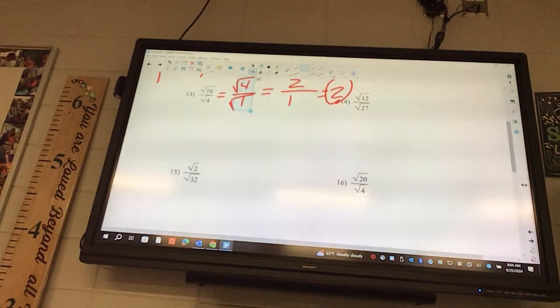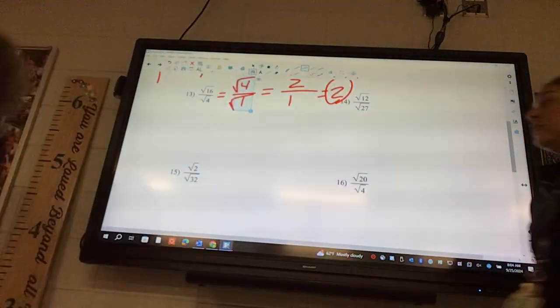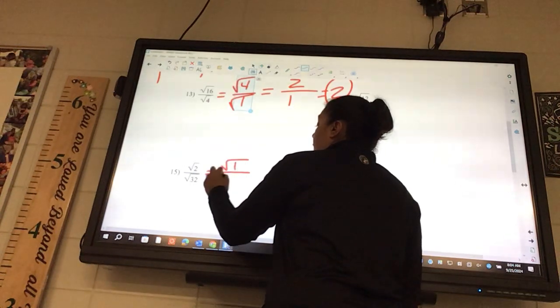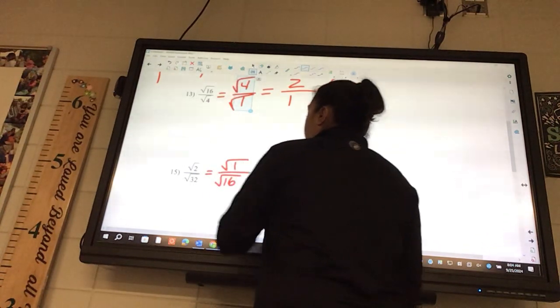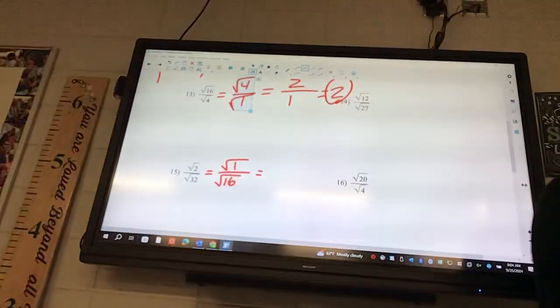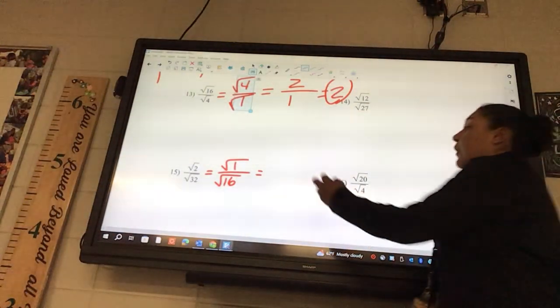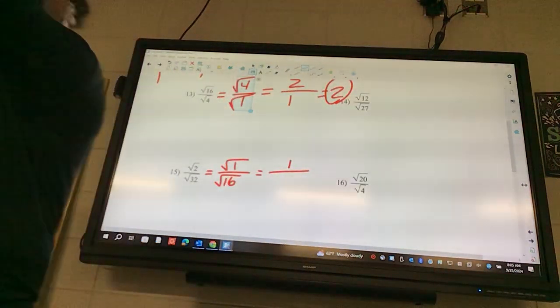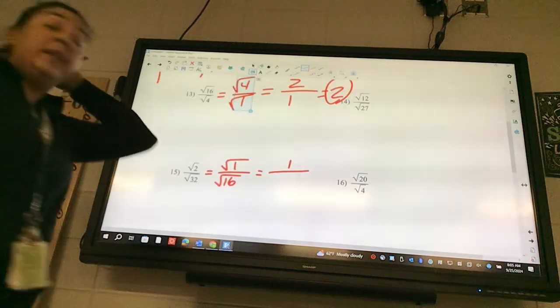Okay, 2 over 32. What is 2 over 32? 1 over 16? Okay, so square root of 1 over square root of 16. Okay, square root of 1 becomes what? Just plain 1, okay? 16 becomes just a plain 4, okay?